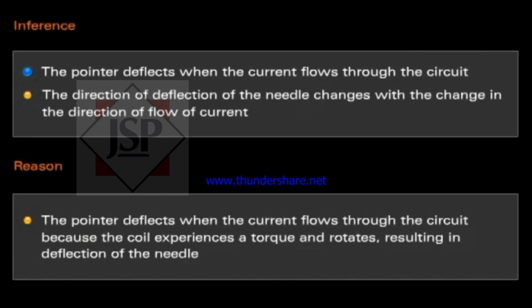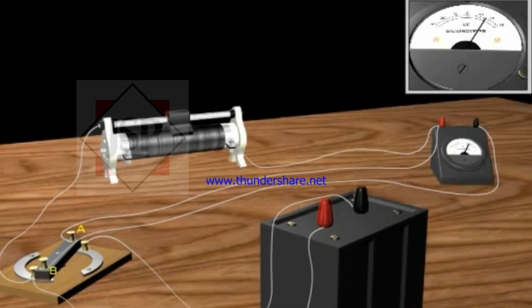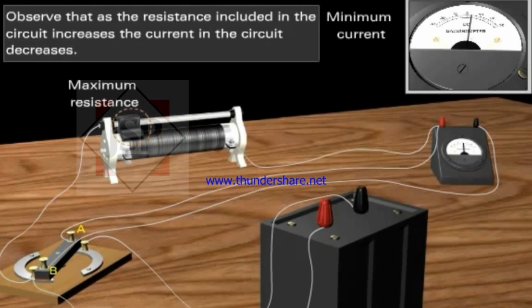The pointer deflects when the current flows through the circuit. The direction of deflection of the needle changes with the change in the direction of flow of current. The pointer deflects because the coil experiences a torque and rotates, resulting in deflection of the needle. Observe the deflection of the needle when the slider of the rheostat is moved.